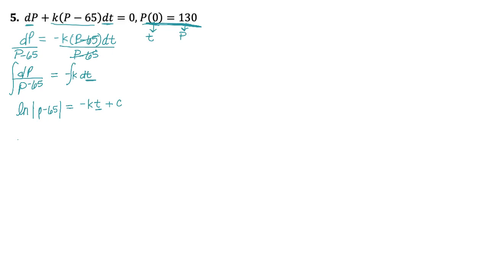So when we plug in, we're going to have natural log absolute value of 130 minus 65 equals negative k times t, and t is going to be 0, plus c. And so it looks like we're going to have the natural log of 65 is going to be c.